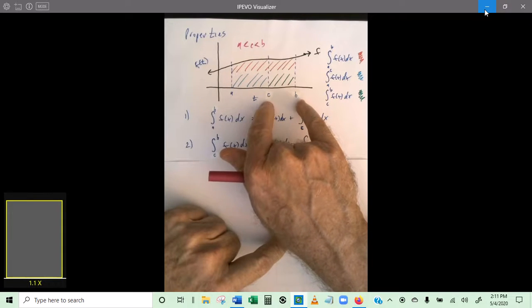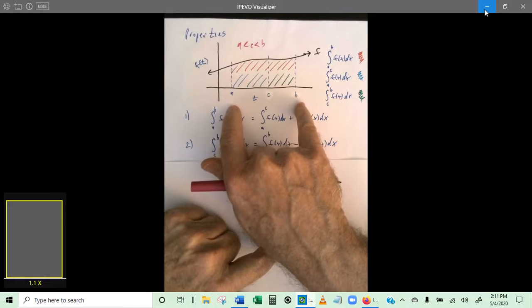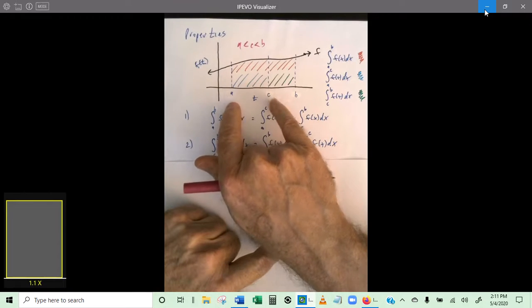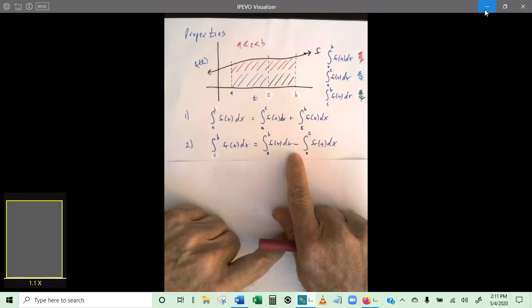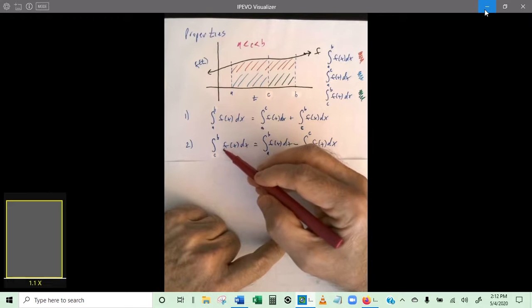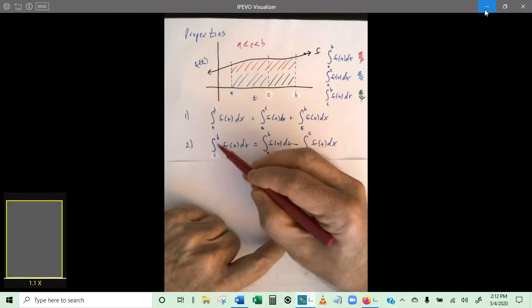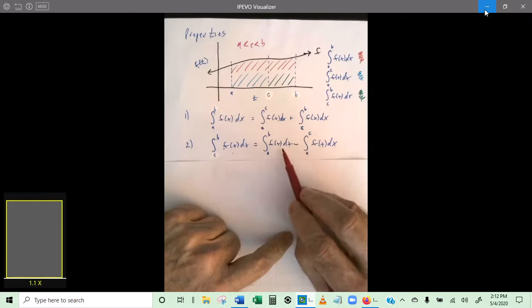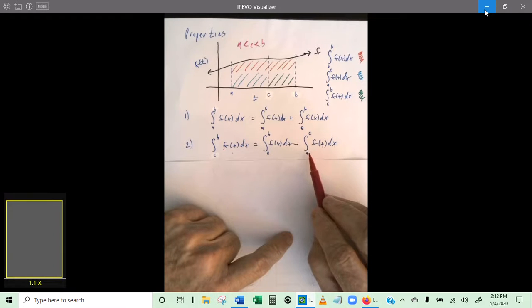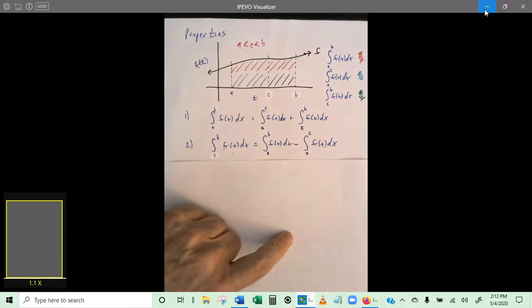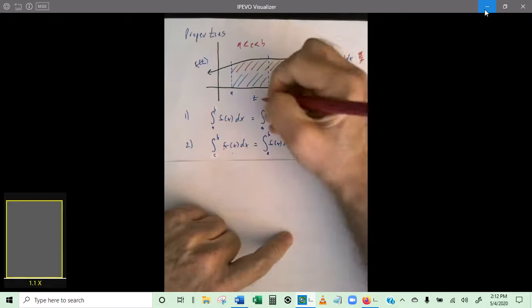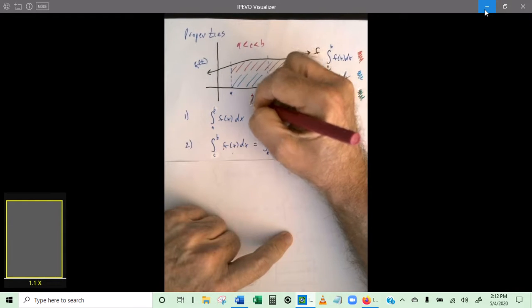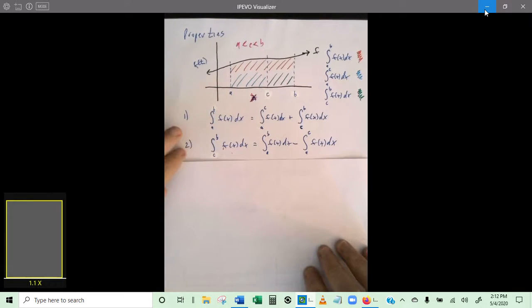So C to B is equal to A to B minus A to C, which is what this says here, okay? The integral from C to B is equal to A to B minus the definite integral from A to C for f of x. And I suppose I should call that x down there. It's confusing, right? Okay, anyway, good.